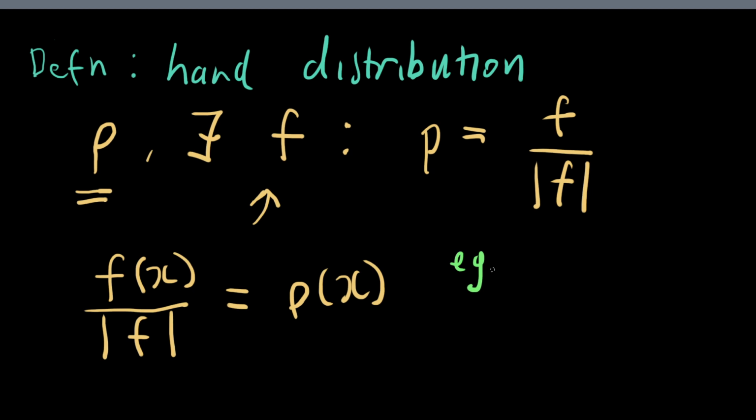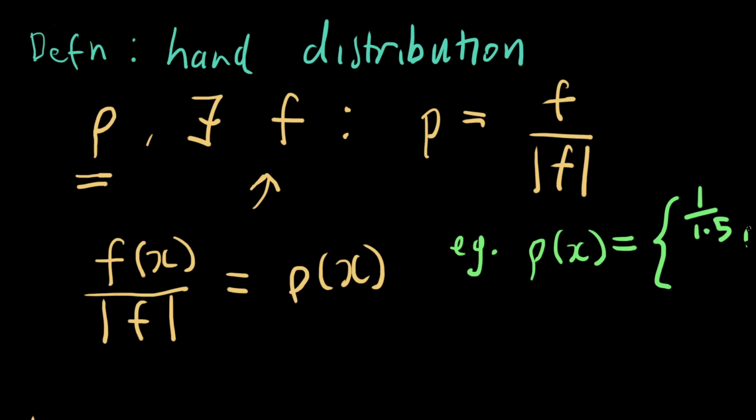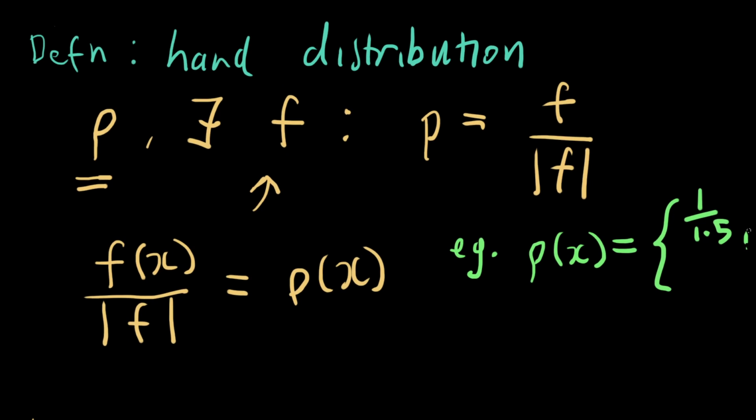As an example, using that same range that we looked at previously, p of x is now going to be 1 divided by 1.5 when you've got that particular combo of aces, and 0.5 divided by 1.5 when you've got that particular combo of kings.